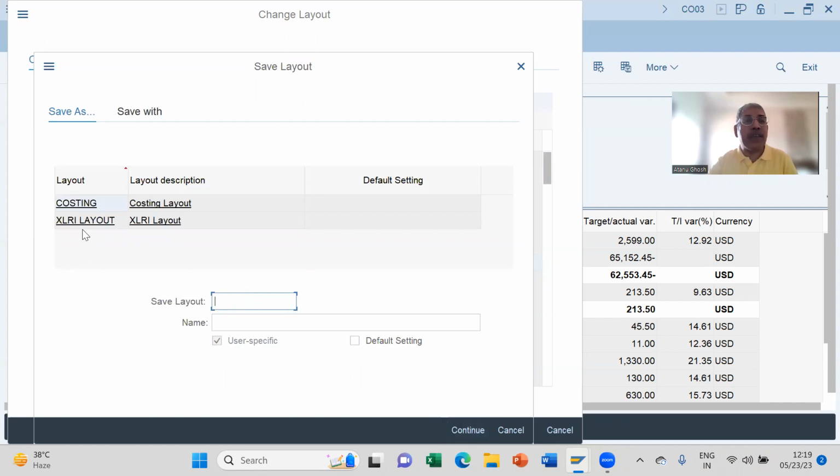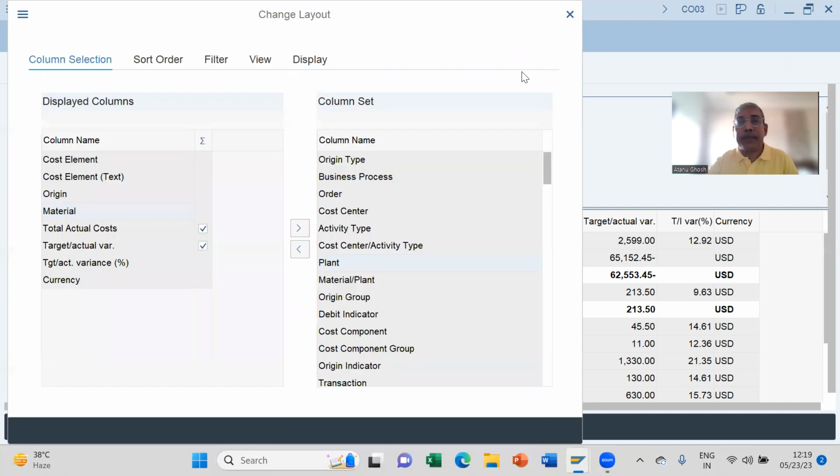Once the layout is saved, your layout will appear over here in the list of layouts, and you can subsequently select that layout, and then it will always show the columns that you need. I have already saved a layout, and I'll pick that layout up.